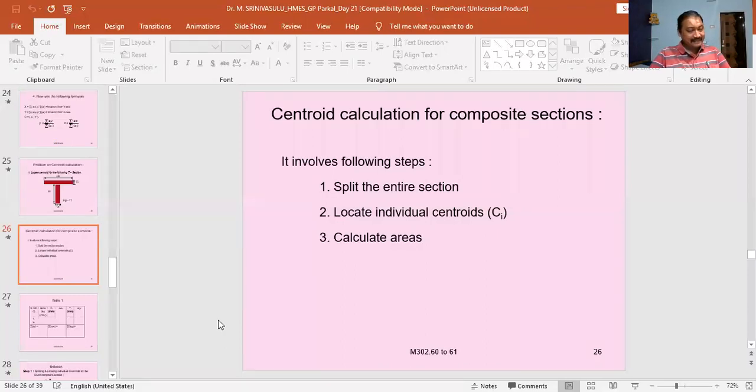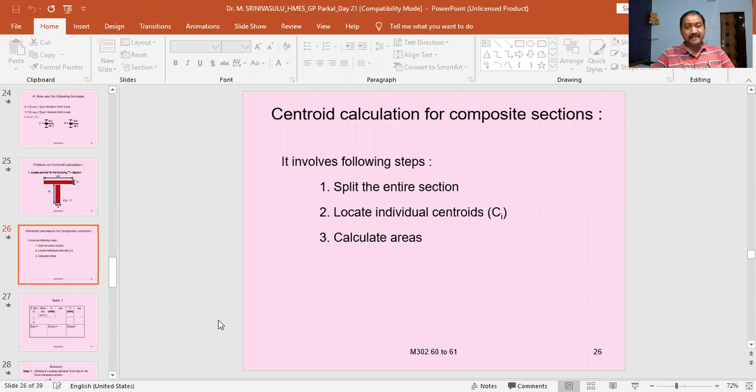So this section consists of two rectangles: one is the horizontal rectangle of 100 mm by 20 mm, and the second is the vertical rectangle of 80 by 20 millimeters.